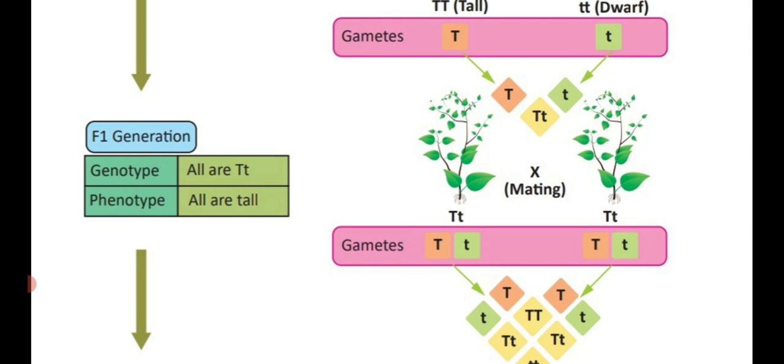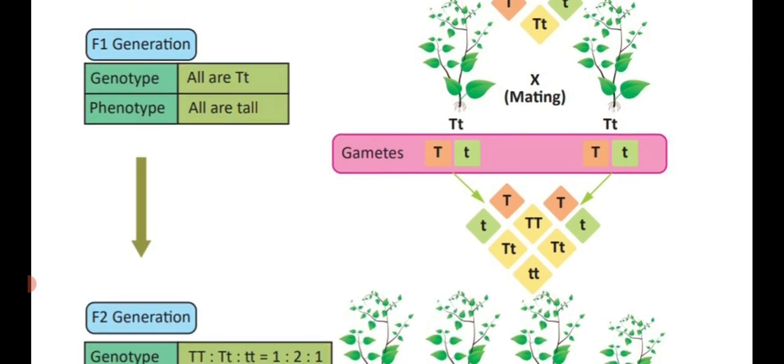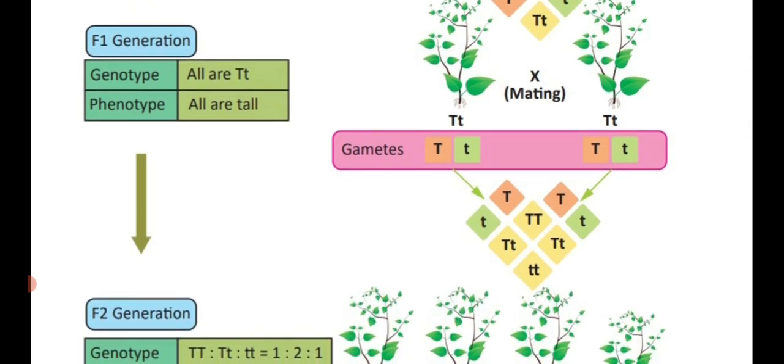The gametes are produced with a capital T, small t, capital T, small t. Both of them crossed. They are producing 4 hybrids.